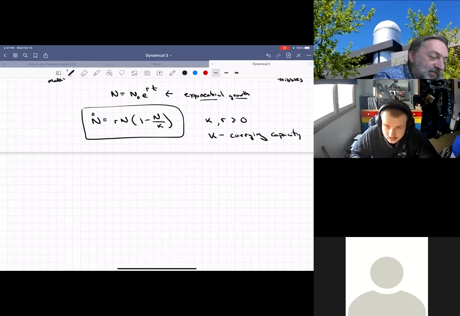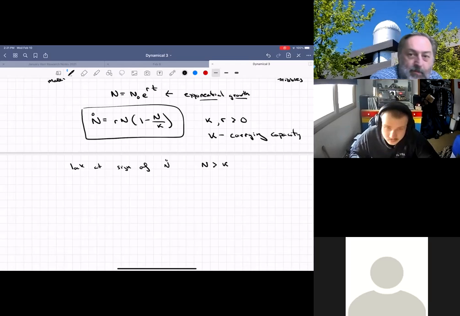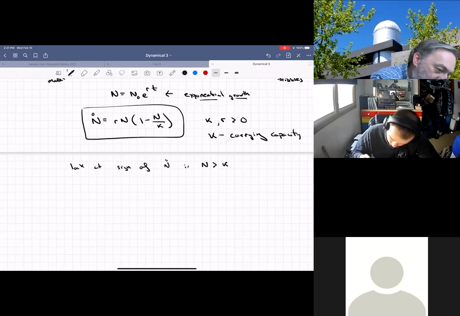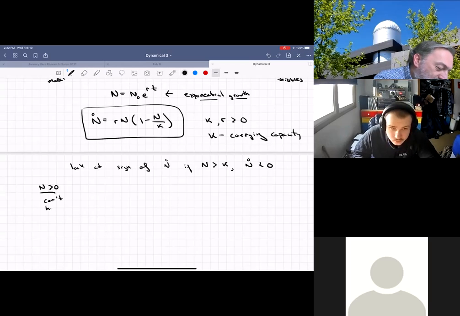Now, if I look at just the signs of n dot, then we see that if n is greater than k, then n dot is negative. And obviously we need n to be positive, right? Can't have negative numbers of people.